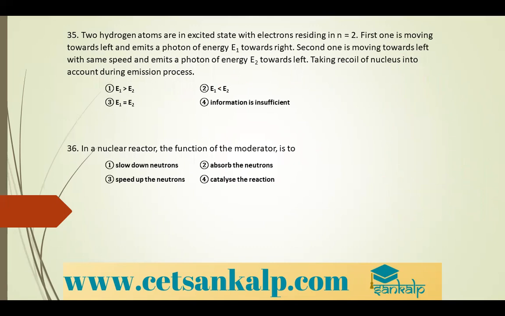Two hydrogen atoms are in excited state with electrons residing in n is equal to 2. First one is moving towards the left and emits a photon of energy E1 towards right. Second one is moving towards the left with the same speed and emits a photon of energy E2 towards left, taking recoil of nucleus into account during the emission process.